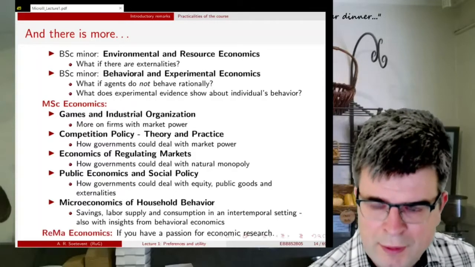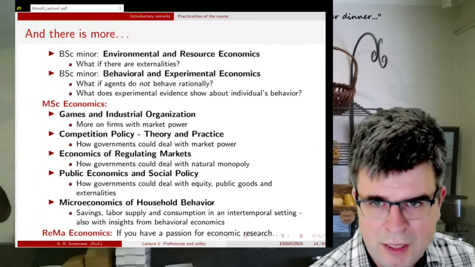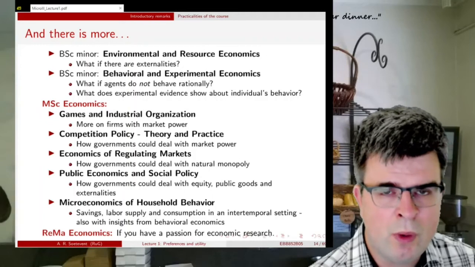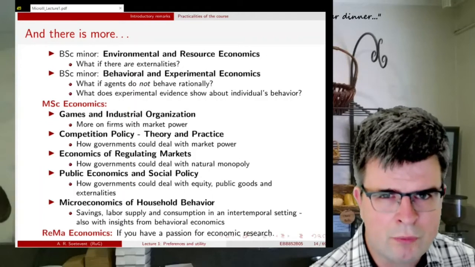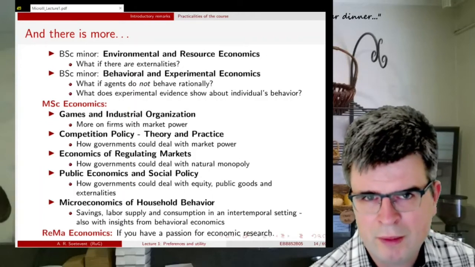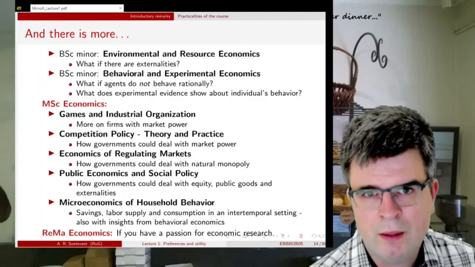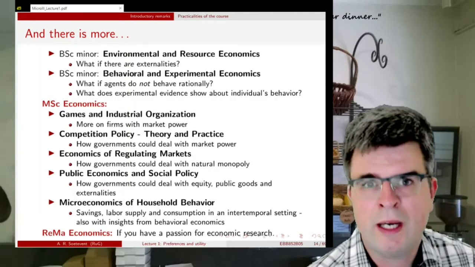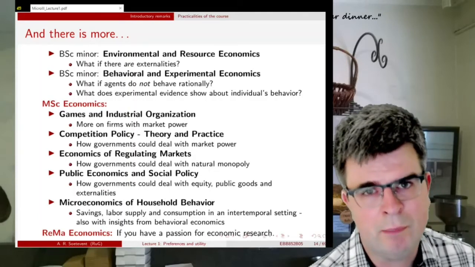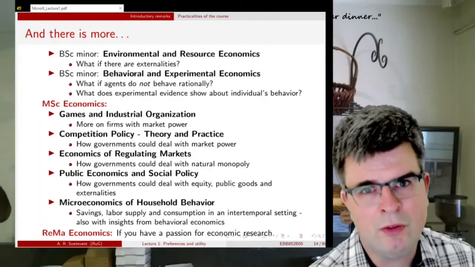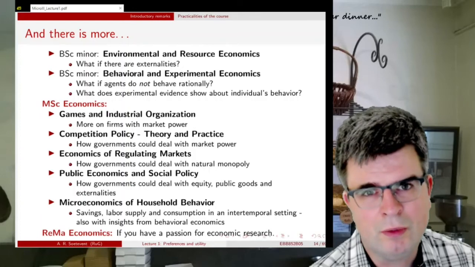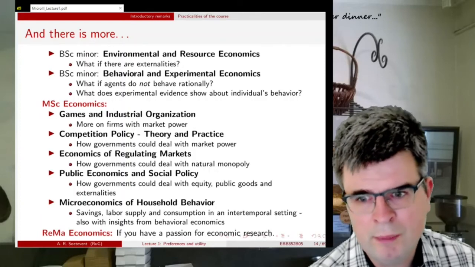And finally, besides the master in economics, suppose that you are really into research. So reading the papers of the essay assignment, you think, oh, I really would like to do applied research at a high level myself, and maybe also do a doctorate and obtain a PhD.